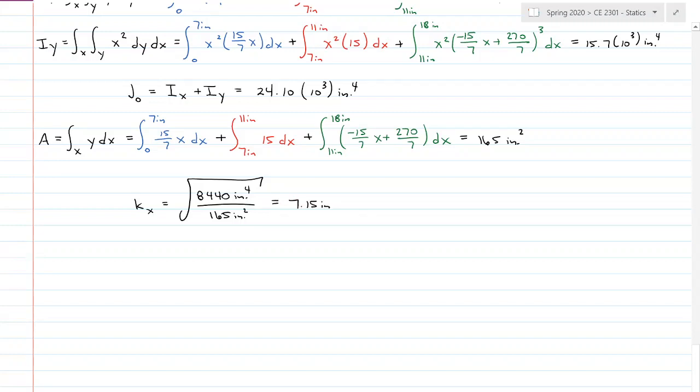My polar, I keep wanting to say polar moment of inertia. My radius of gyration in the y is the square root of 15.7 times 10 cubed inches to the fourth, divided by 165 inches squared. And that is going to give me a bigger number, 9.75 inches.